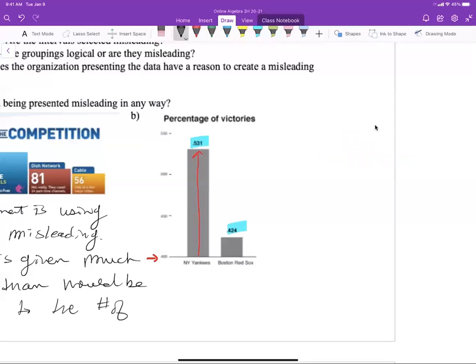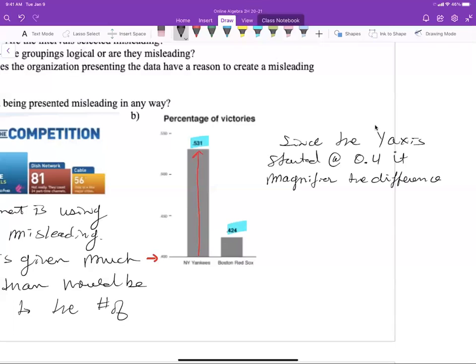Since the y-axis started at 0.4, it magnifies the difference of numbers above the 0.4 level. 0.53 is not more than 5 times better than 0.42 percentages of victories, but if you look at this, they're kind of indicating that it's substantially more.